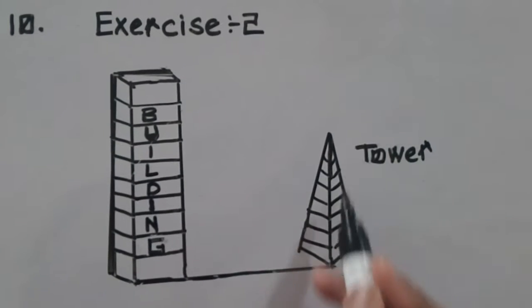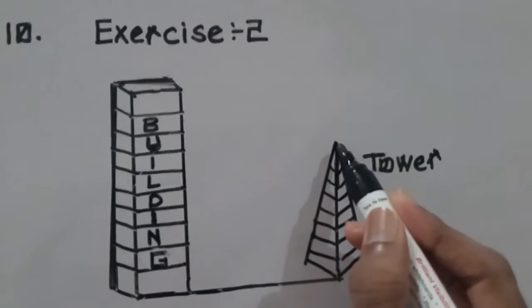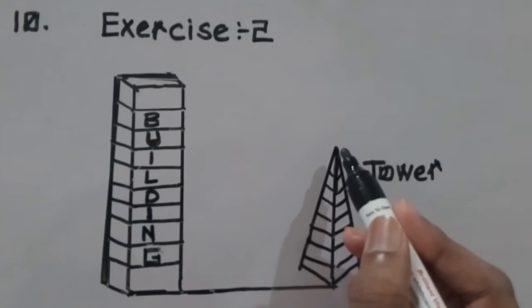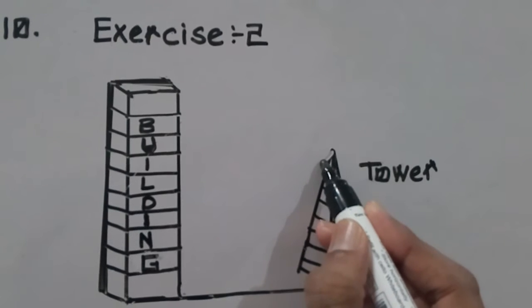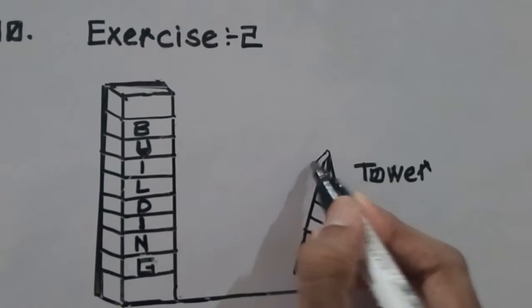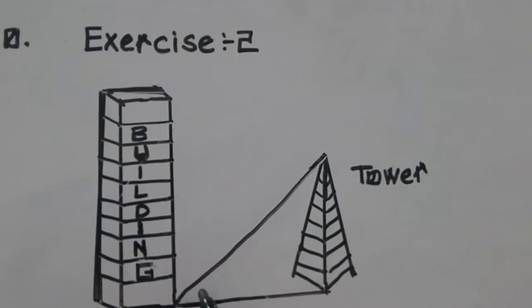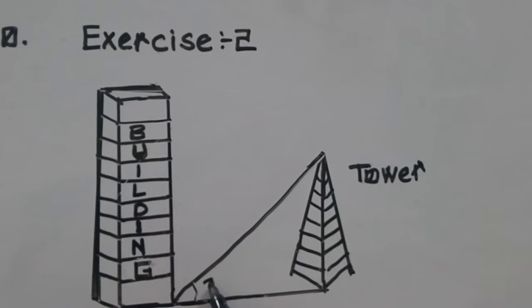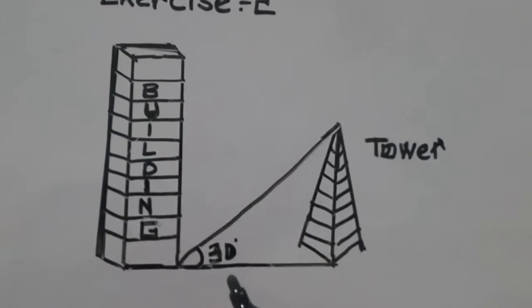Look at this. This is a tower and this is a building. The angle of elevation of the top of the tower from the foot of the building, from the foot of the building up to here, is 30 degrees.